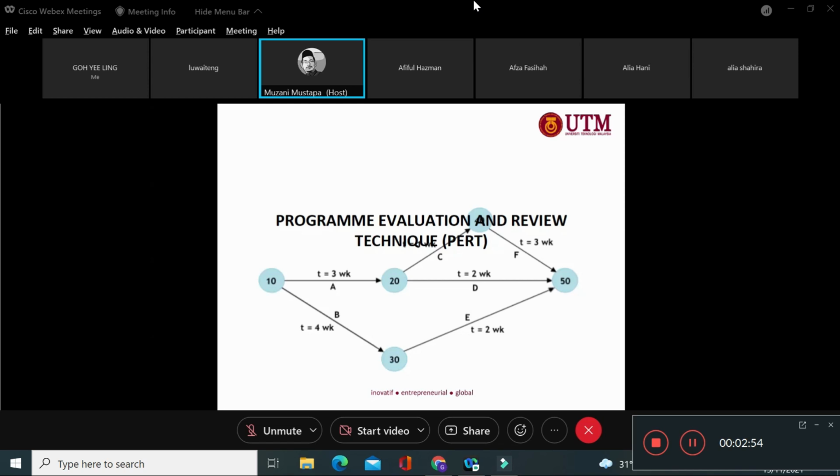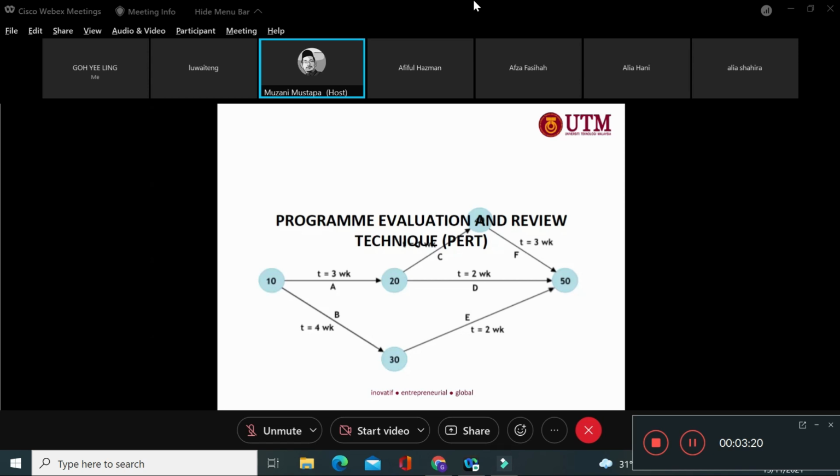The dummy line is represented in the network by a dotted line. Dummy lines are only shown in activity on arrow. Activity on nodes, or the precedence diagram, doesn't have dummy lines.